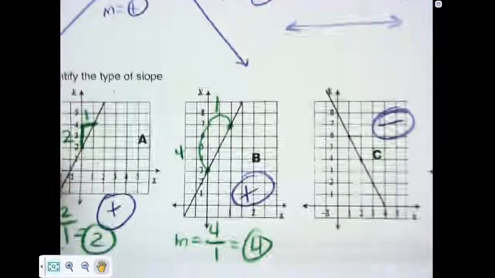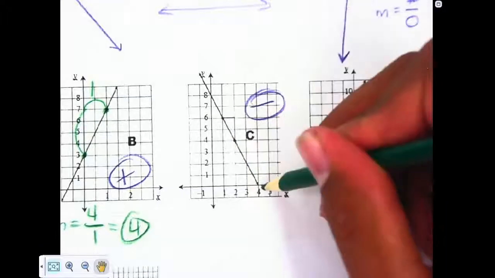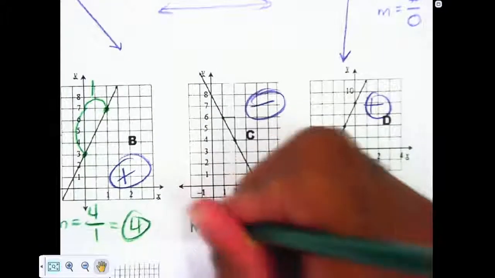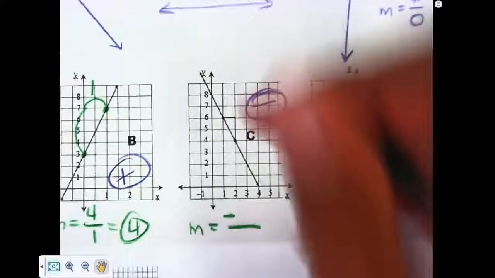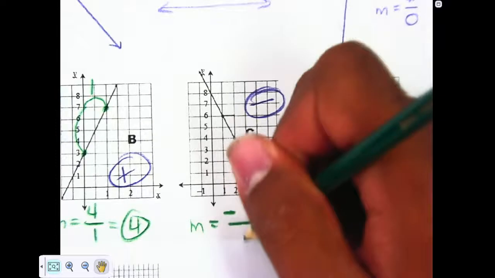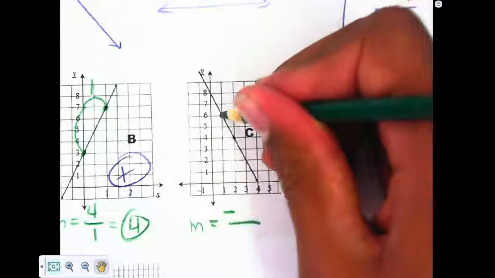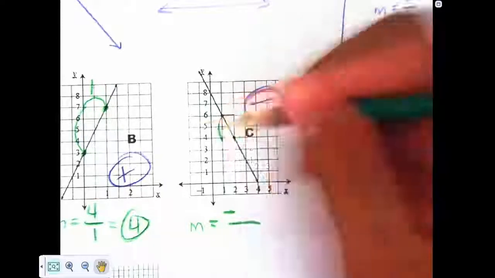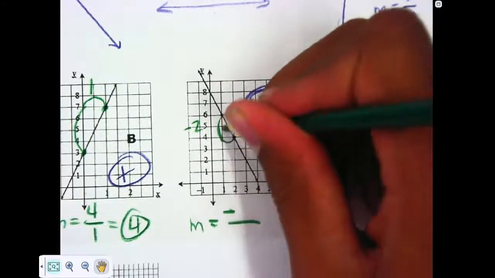Okay, and the next one, this is a decrease, so we know our slope's going to be negative. So I'll just go ahead and put the negative in now. It's always going to be the change in y that's going to be negative. The change in x is always positive. So here we're going to go down 2, so -2, and then we're going to go right 1.